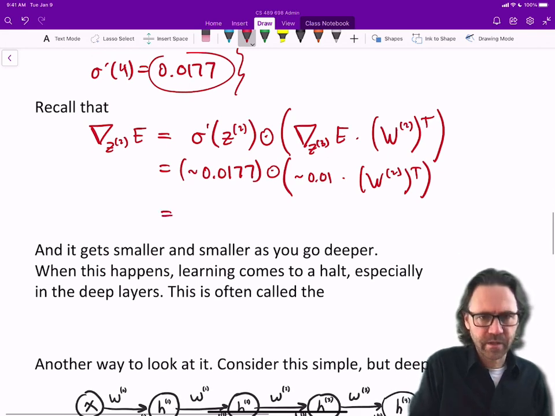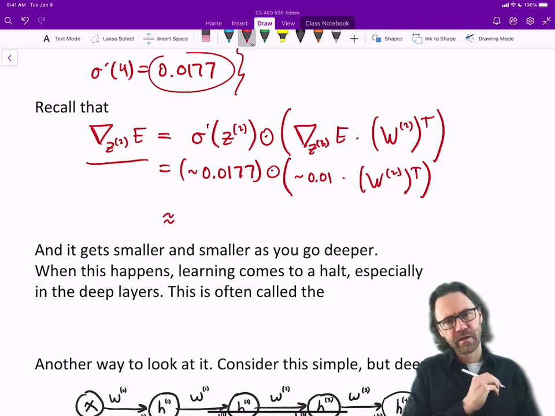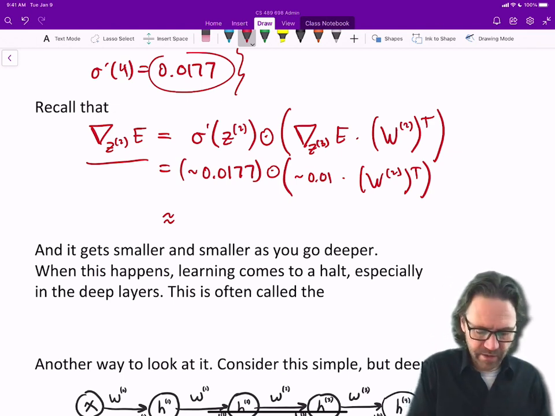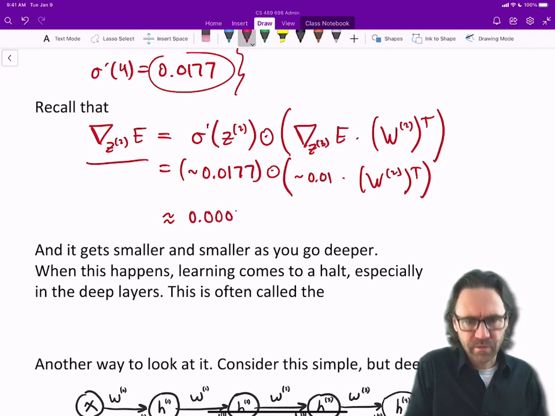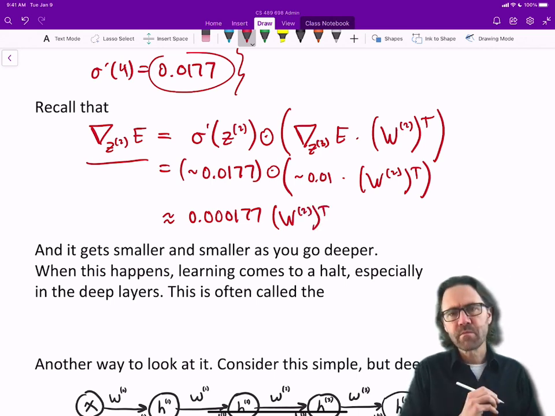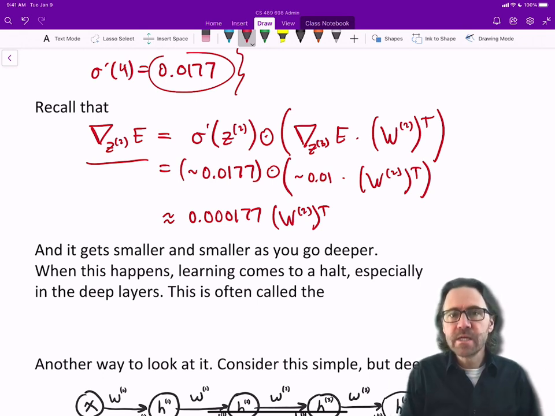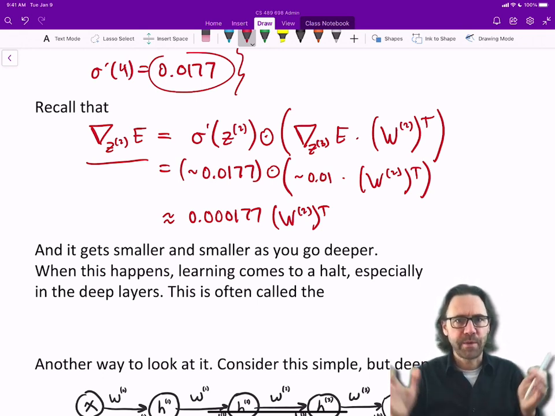So in other words, this whole thing, the gradient to the next layer down, is about 0.000177 times the connection weight matrix. The connection weight matrix can be whatever, but we're multiplying that by something really small.